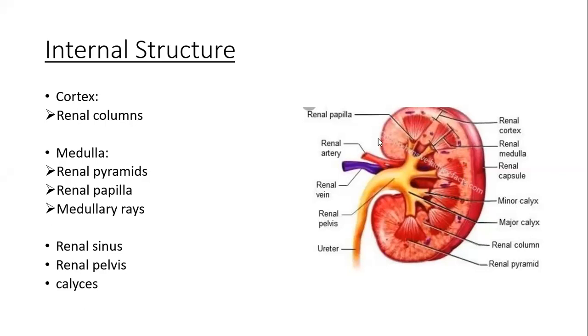Coming to the hilum of the kidney, there is a space known as the renal sinus. This renal sinus is a space within the hilum of the kidney that contains the upper expanded part of the ureter, known as the renal pelvis.